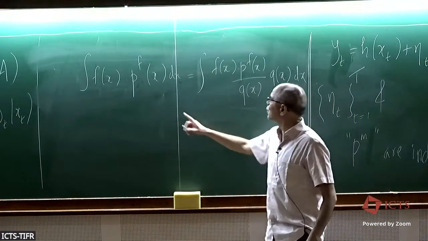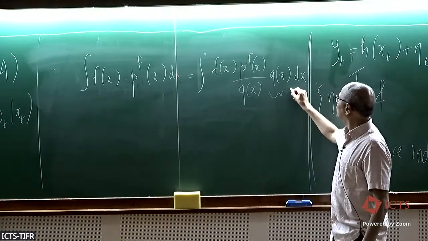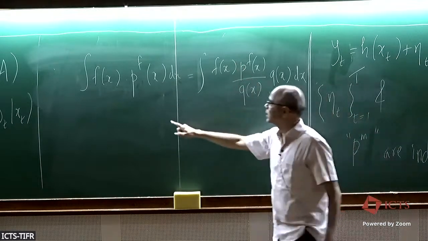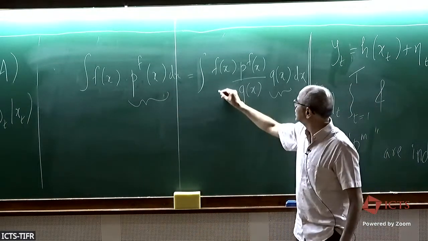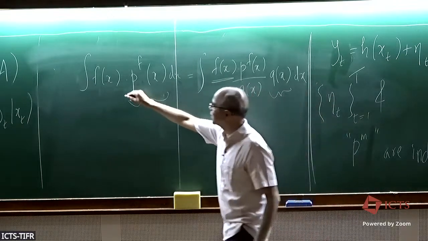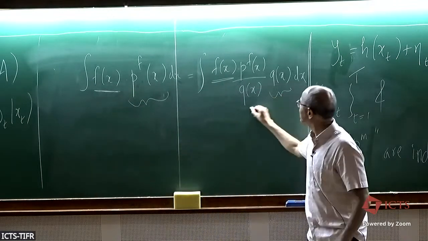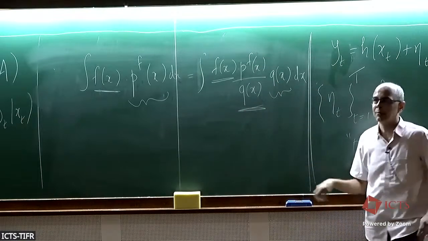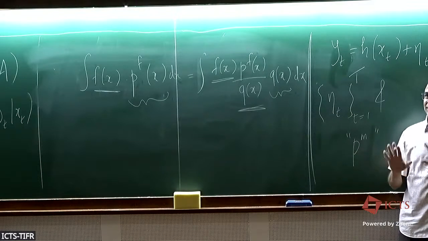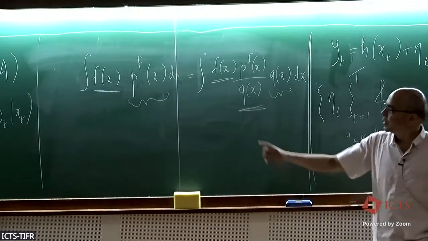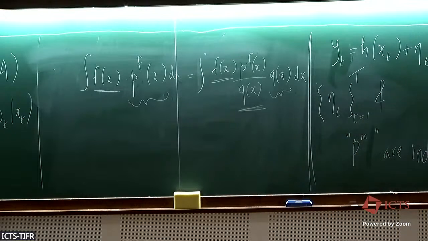Now you think of a sample out of a density Q instead of the density that we actually wanted, which is PF, and take the function that we want to integrate, and attach a weight which is proportional to PF divided by Q to each of the sample points. That's essentially what goes into getting this factor, the 1 over Q in the integral over there.